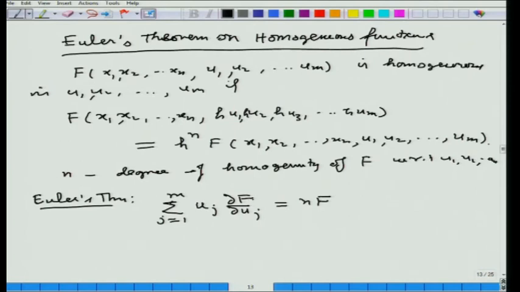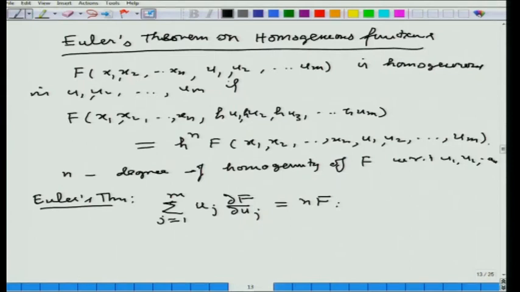This f is of course evaluated at x1, x2, ..., xn and u1, u2, ..., un. So, this is the Euler's theorem for homogeneous functions, which will be very useful in our discussion.